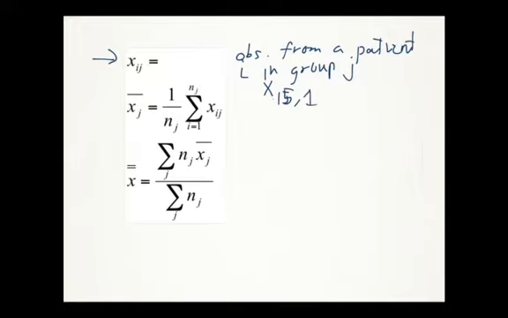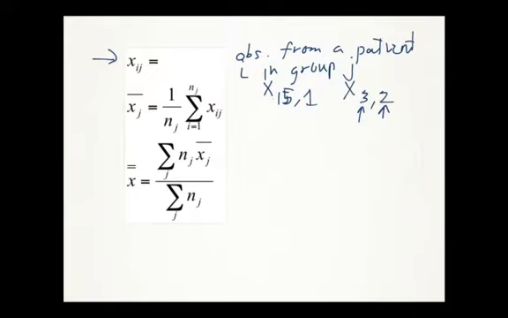So that would be the 15th patient in the first group, okay? Similarly, if I wrote x_3,2, that would be the third patient in the second group. That's x_ij, the actual outcome on a single specific patient.